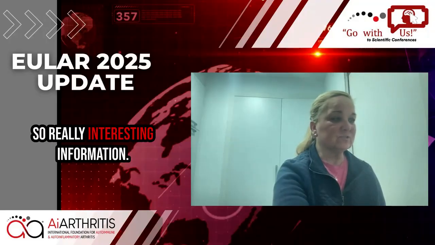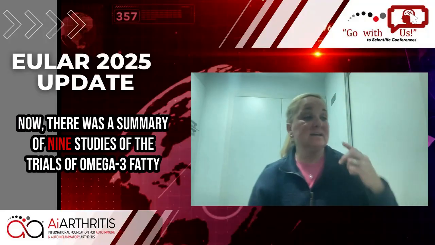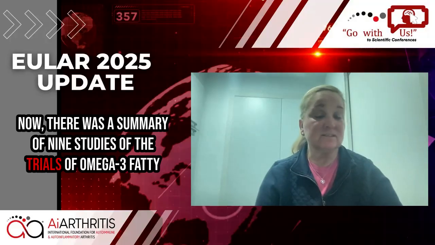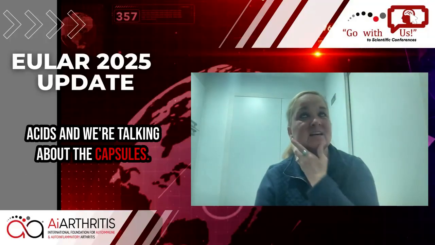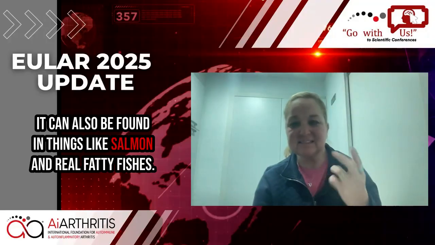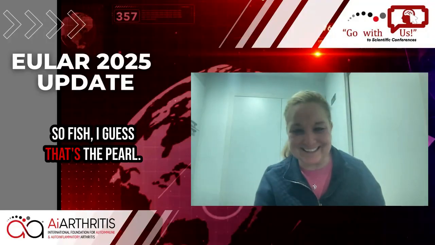So really interesting information. Now, there was a summary of 9 studies of the trials of omega-3 fatty acids, and we're talking about the capsules. It can also be found in things like salmon and really fatty fish.